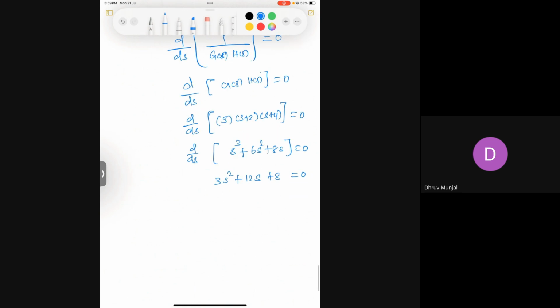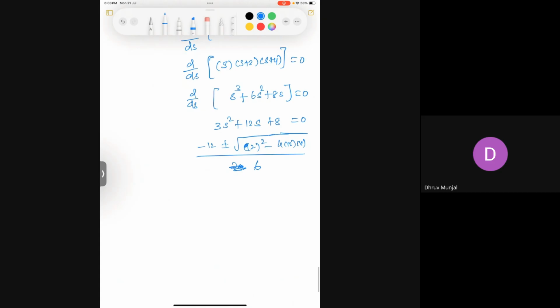So when you find the roots for this equation, minus b plus or minus root of b square minus 4 into 12 into 8, whole by 2 into 3, that is 6. Okay, you will have something like this.